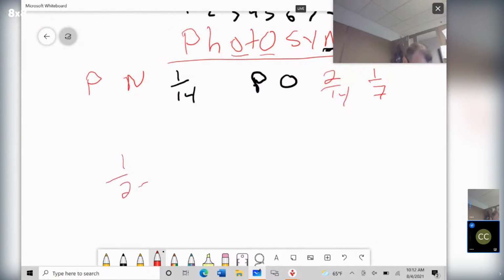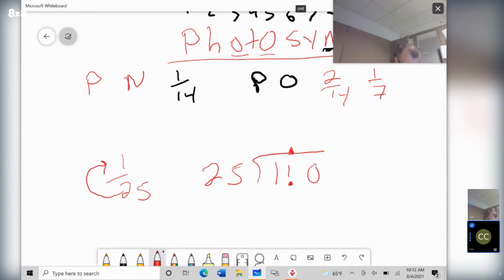So if we want to convert 1/25th to a decimal, remember we're going to divide the bottom into the top. So what we do is 25 into 1. And we're going to put the decimal after the 1. And the first thing you want to do is bring this decimal up. This is just some fraction review, guys.